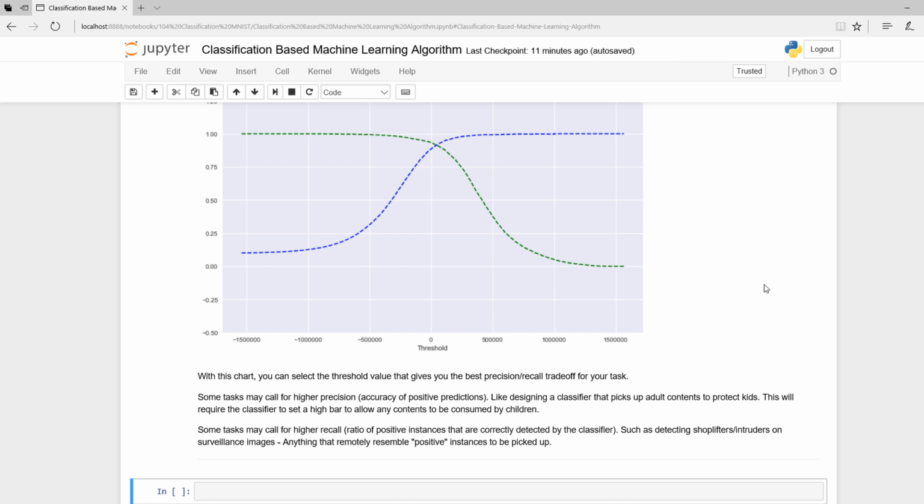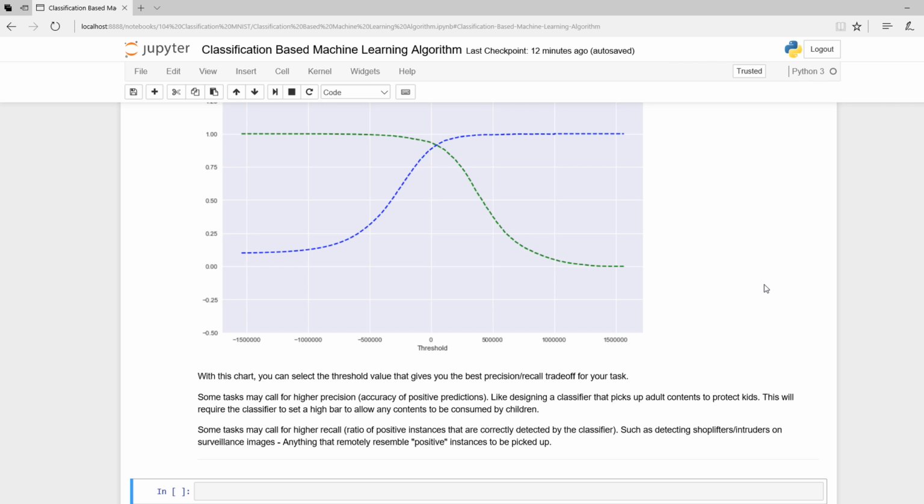Some tasks may call for high recall, meaning the ratio of positive instances that are correctly detected by the classifier. In this case, such as detecting shoplifters, intruders, or surveillance camera images, anything that remotely resembles a positive instance will be picked up.